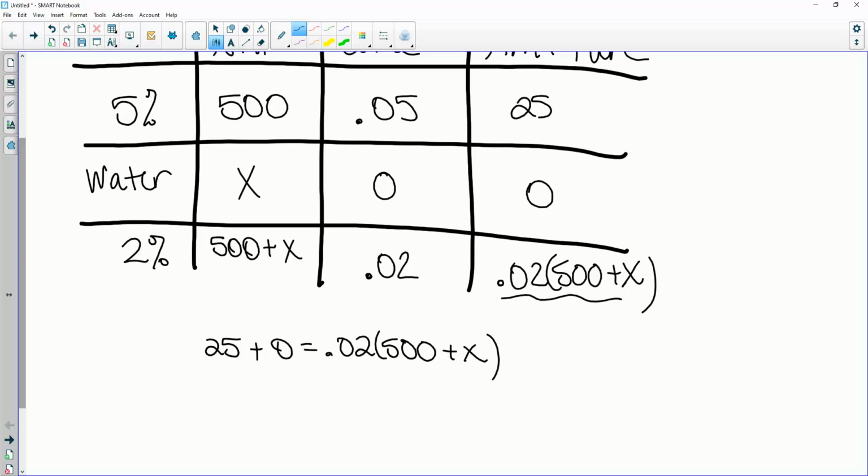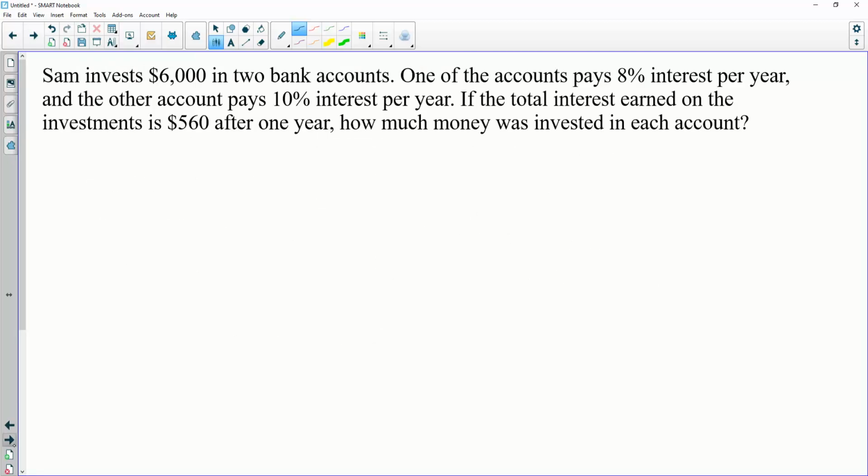Then let's take a look at an interest one. So this tells me Sam invests $6,000 in 2 bank accounts. One of the accounts pays 8% interest per year, and the other account pays 10% interest per year.